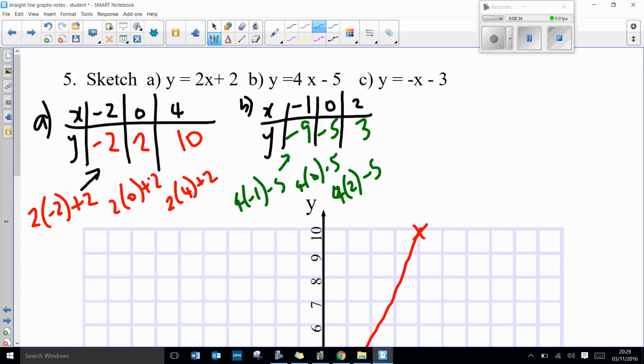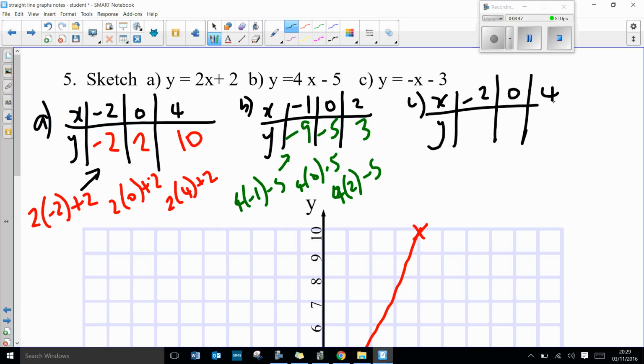And our final one on this page. So we can probably go back to our negative 2, 0, and 4 here. So this would be negative, negative 2 minus 3. So negative, negative 2 is positive 2. Take away 3 is negative 1. For this box, it would be negative 0, take away 3, which is obviously just negative 3.